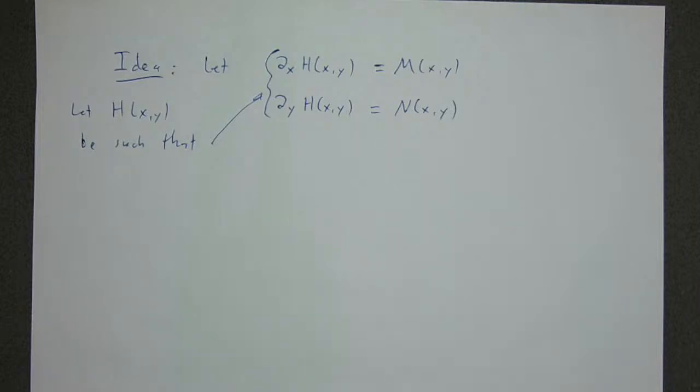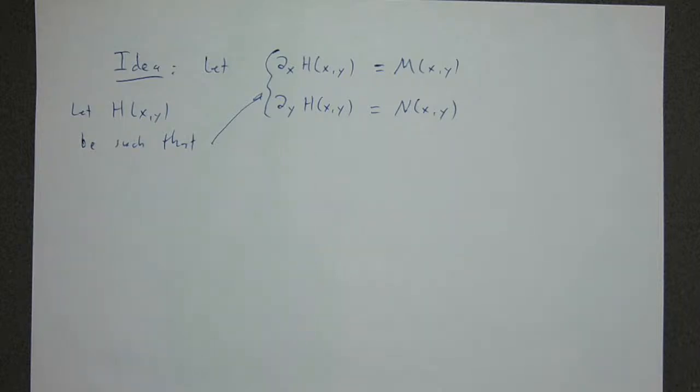If you've had Calc 3 at UMD, this is something you do at the very beginning of chapter 15, when you talk about vector fields and trying to find a potential for a conservative vector field. This process that we're going to go through is going to look very familiar to you, because it's actually the exact same thing that's done in Calc 3 when you first get to vector fields.